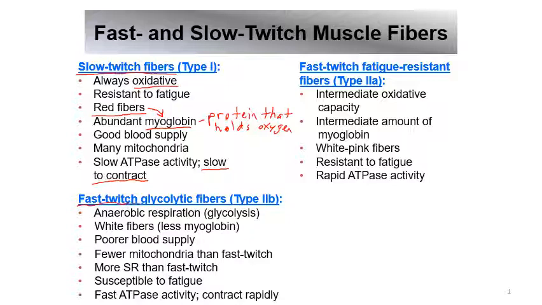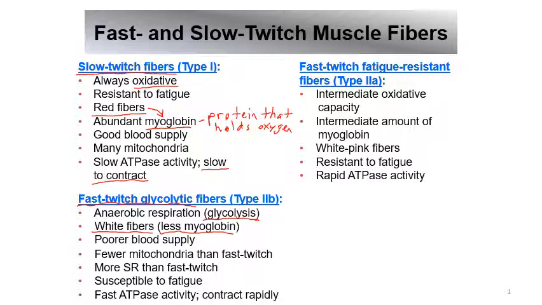Fast twitch glycolytic fibers, on the other hand, don't care. They can do only glycolysis, only the anaerobic. They do produce lactic acid, but because they don't have to rely on oxygen, because remember glycolysis does not require oxygen, they have less myoglobin, and as a result, they are lighter in color.